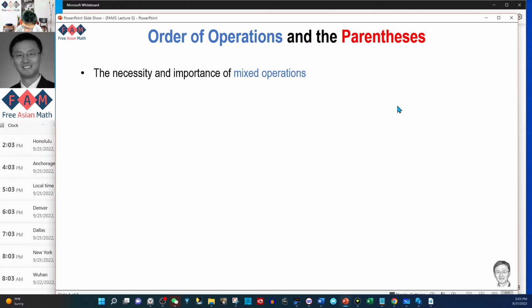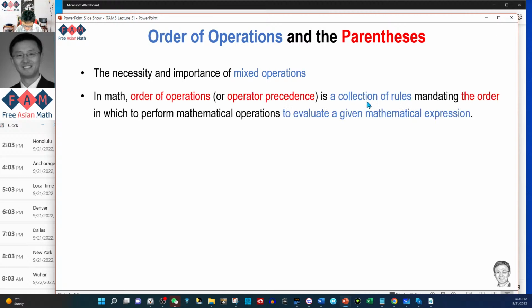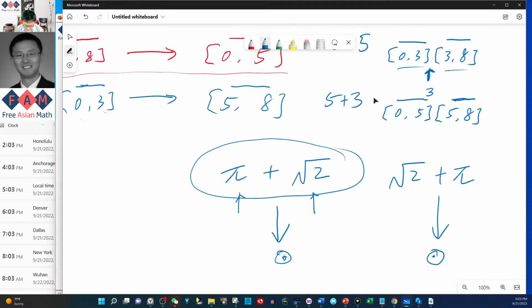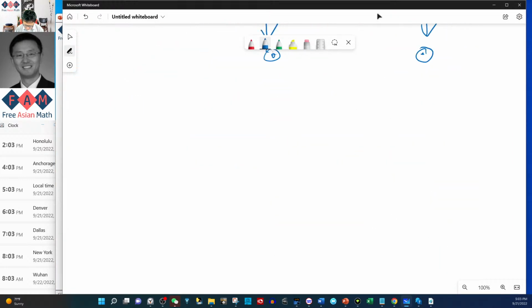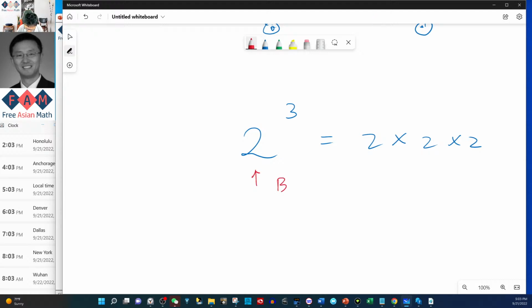For example, 2 to the power 3. What does that mean? That means 2 times 2 times 2. So even in this case, you see that there's a number 2, which we call the base. By the way, you don't have to worry about this for now.